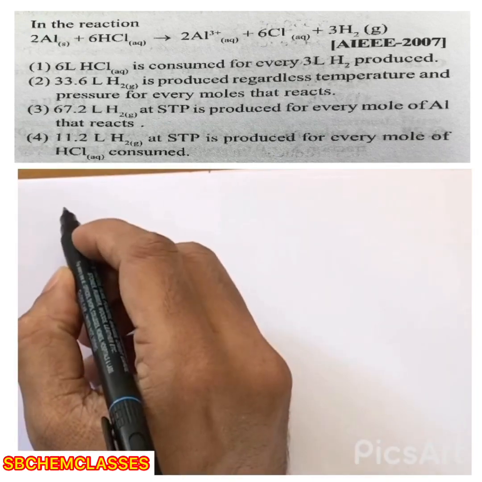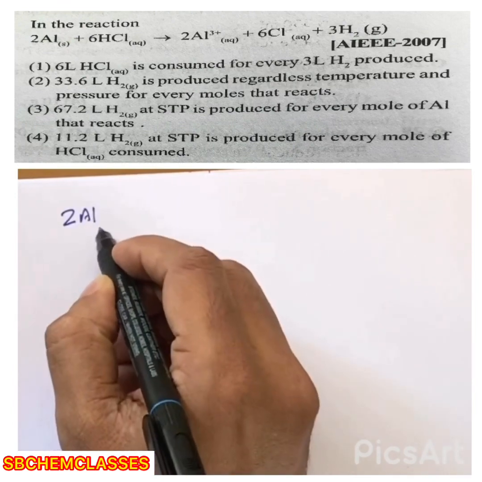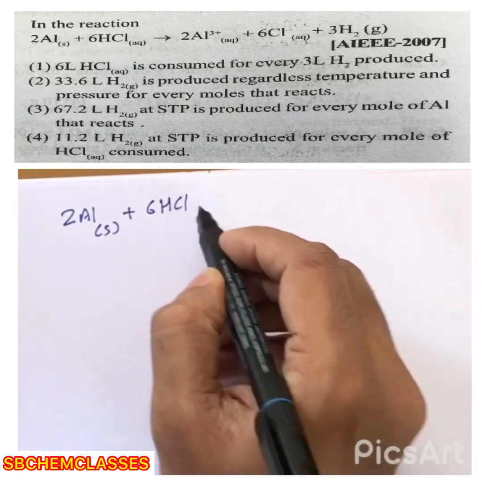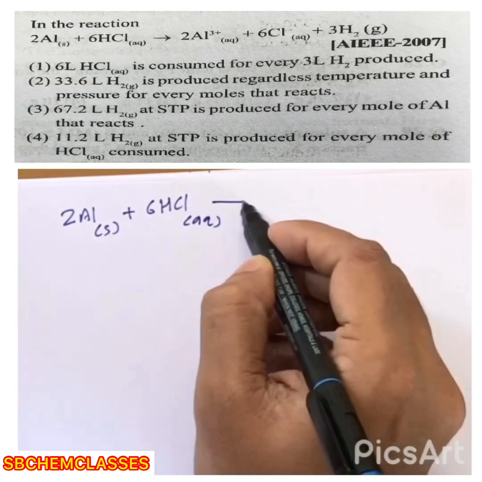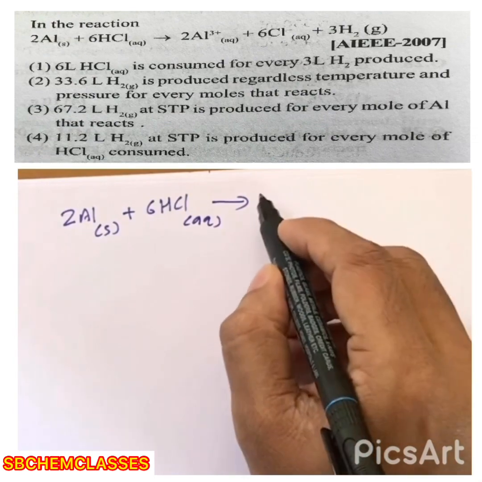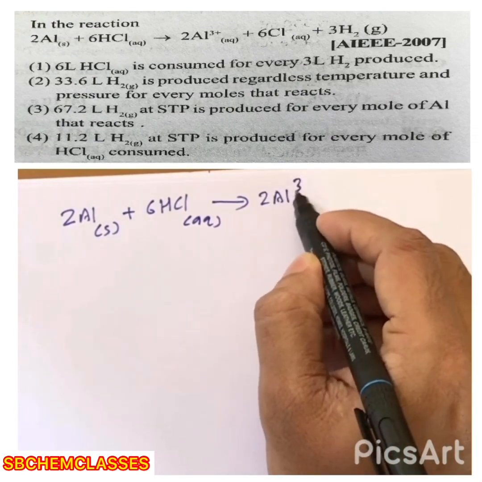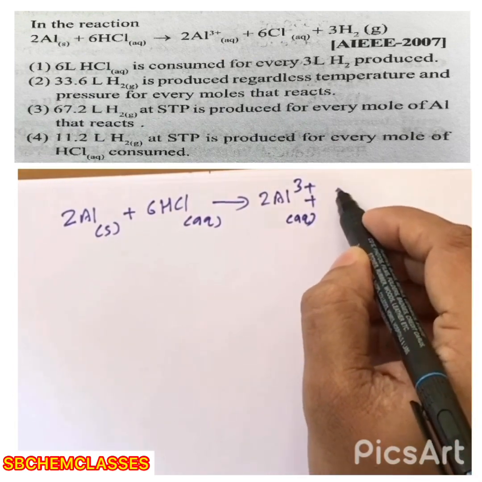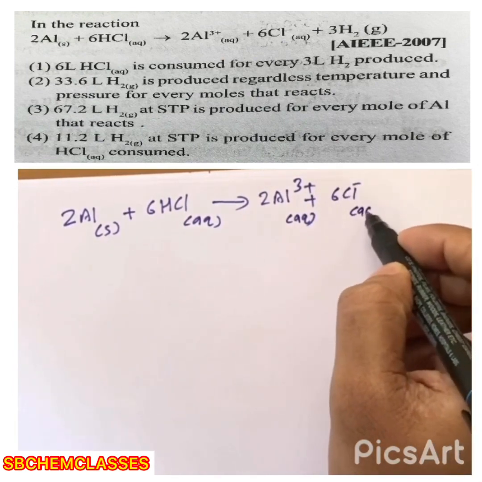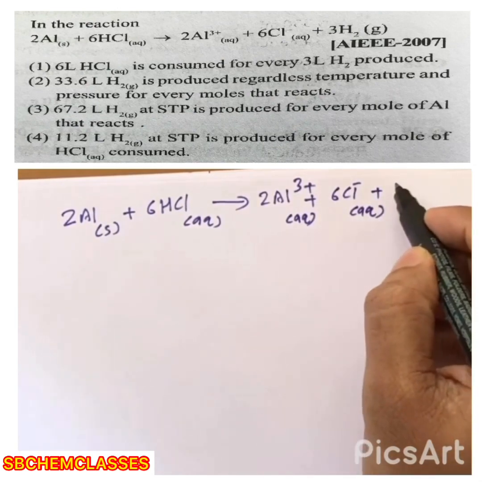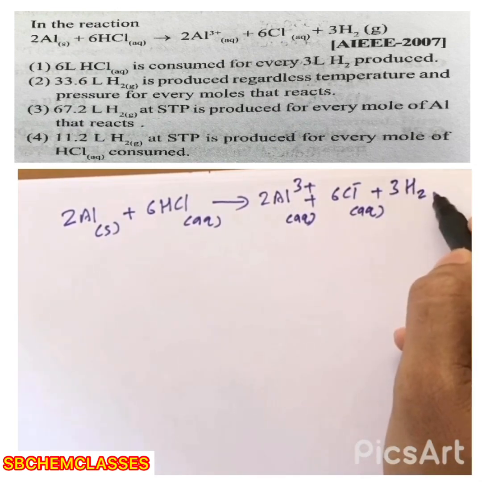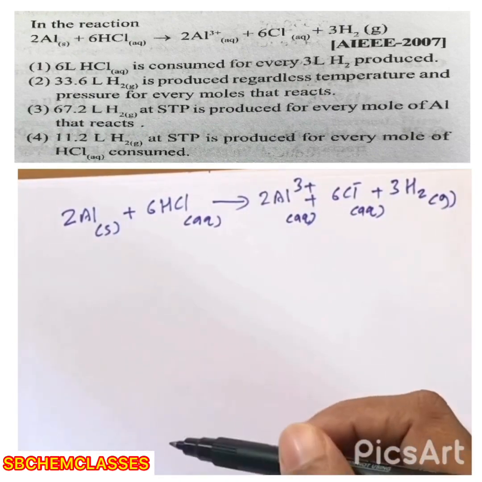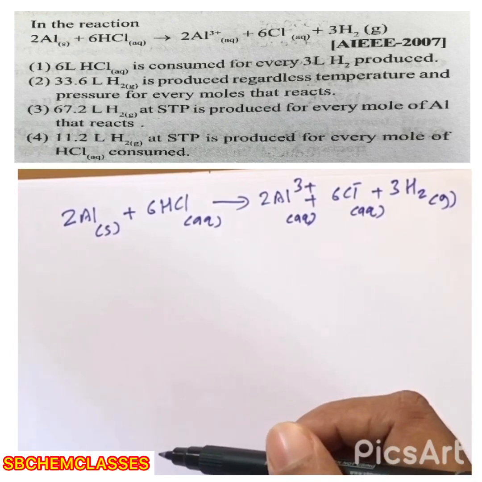So in the reaction, 2 Al solid plus 6 HCl aqueous gives 2 Al3+ aqueous, 6 Cl minus aqueous plus 3 H2 gas. This physical state is very important in the options. Let's check the options one by one.